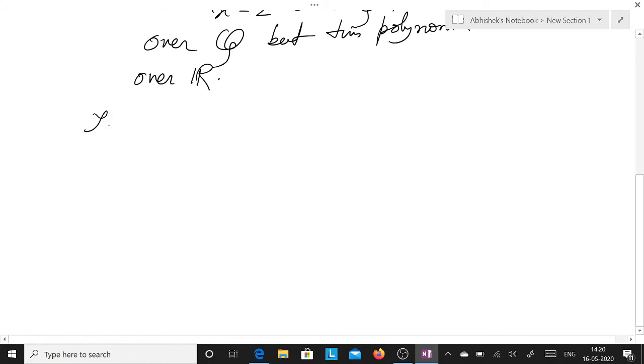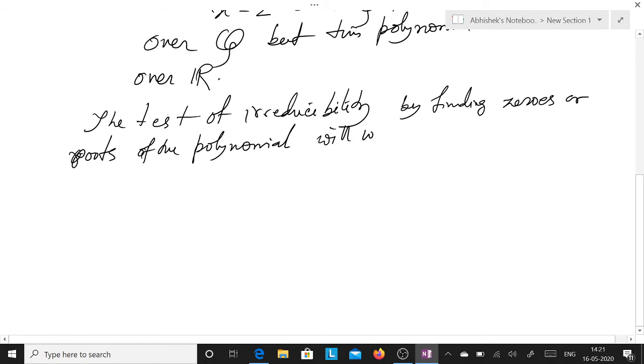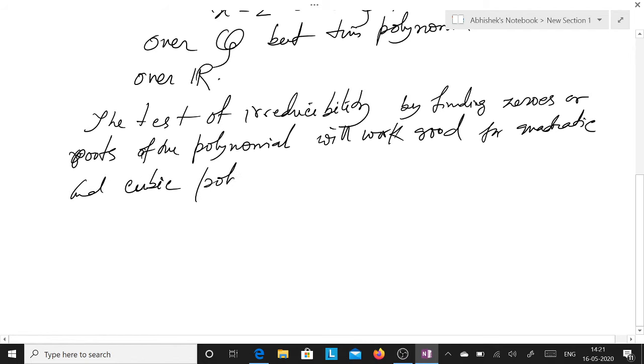So the test of irreducibility by finding zeros, or one can say roots of the polynomial, will work good for quadratic and cubic polynomials.